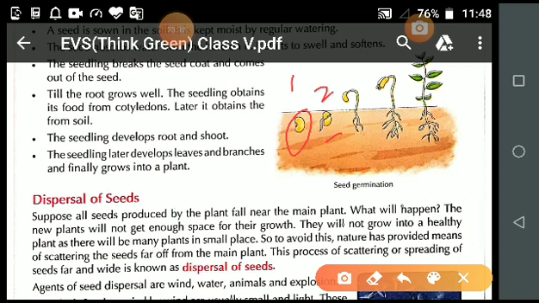So the first part which comes out of the seed is the root, or you can also call it the radicle. That you will study in higher classes, where we say radicle. But in lower classes, just for our understanding, we can say the first root comes out from the seed. Now students, see what happens.